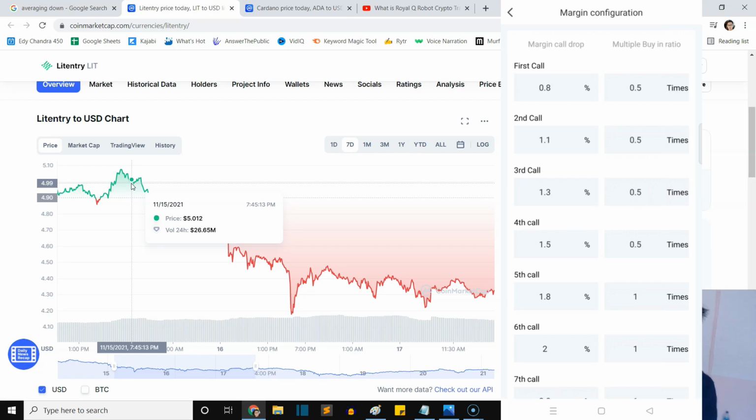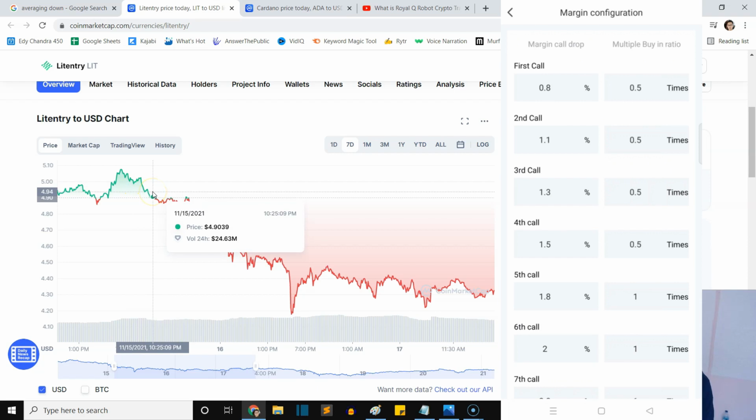And then let's say the market drops again. Who knows? The market sometimes keeps dropping. If it drops additionally on top of that 0.8%, let's say it drops again to another 1.1%, then it will buy again 0.5 times of your FBA, another $7.50.